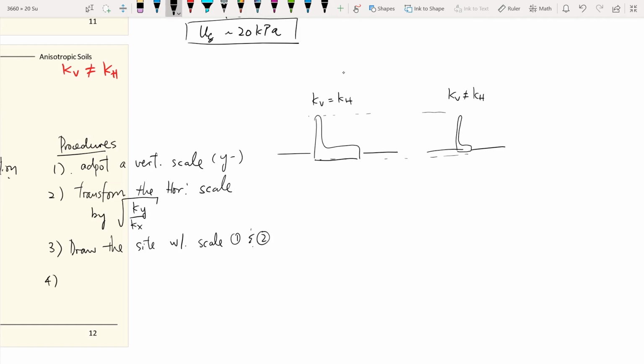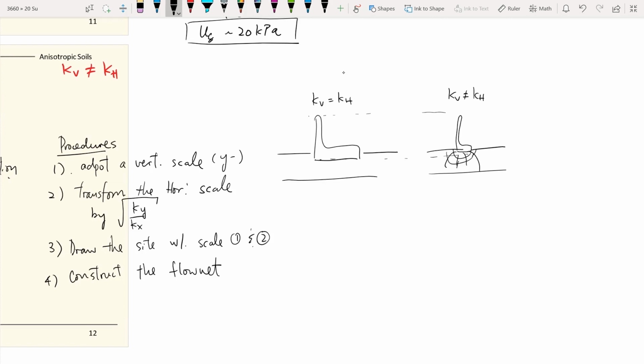And then you will construct a flow net. Now that you have the new scale, you will construct a flow net right here. One more time, excuse my drawings. So this is your flow net.